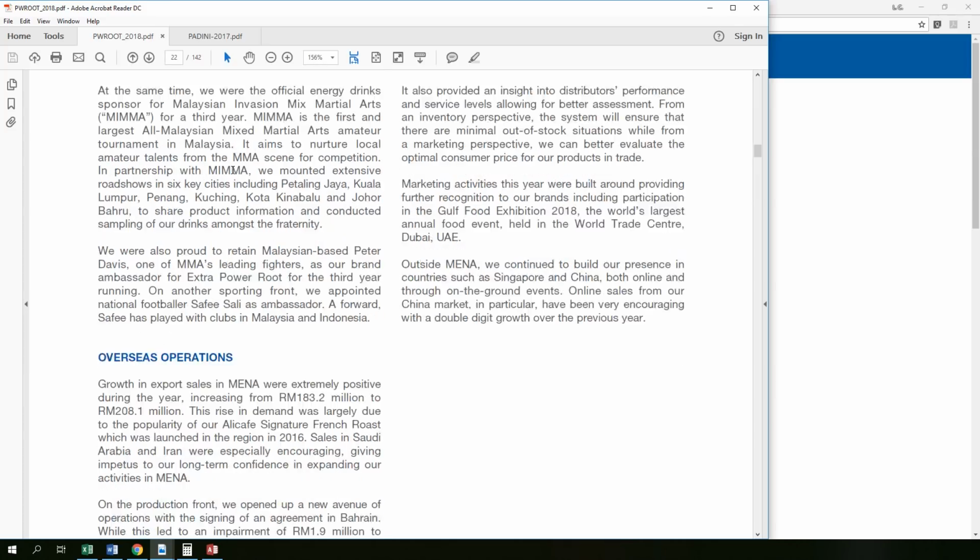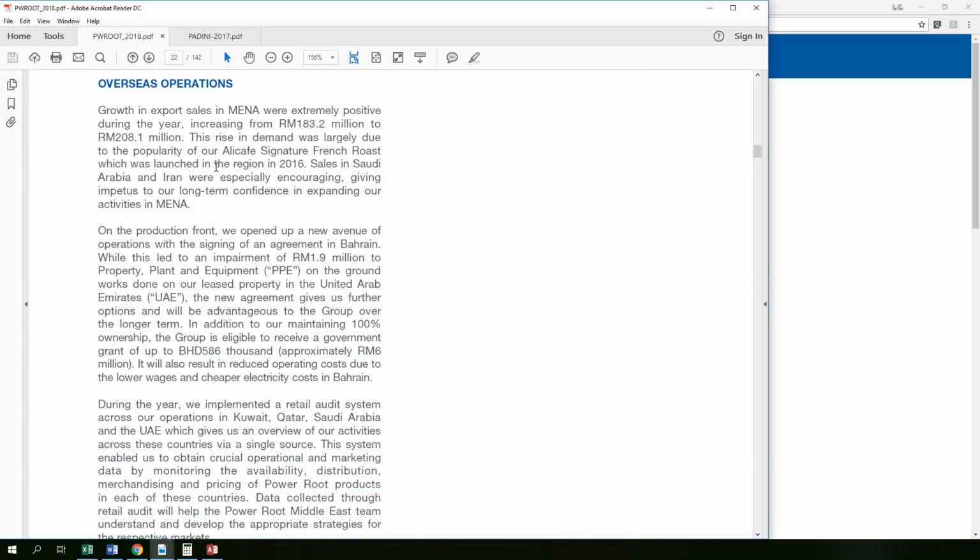Mixed martial arts, alright. Good. Overseas operations, growth in MENA was positive. Okay. Here they explain why they relocate the factory to Bahrain. Apparently, if they move to Bahrain, they can get a grant of up to 6 million Ringgit Malaysia.